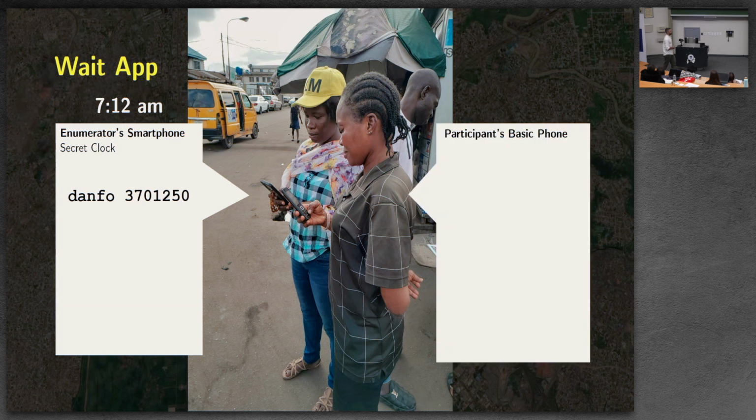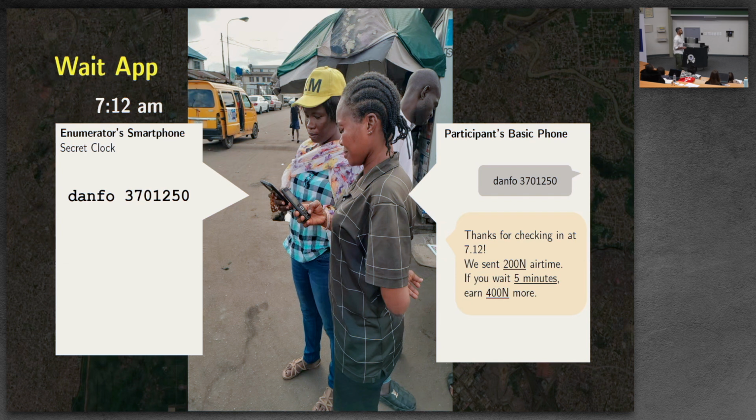Why do we have this? Well, the participant who arrives sees this code displayed at 7:12 a.m. and she texts this to a number that we've set up, 3661. We receive this text, and because this code changes every minute of the day, we can verify exactly what time she's checked in, right?